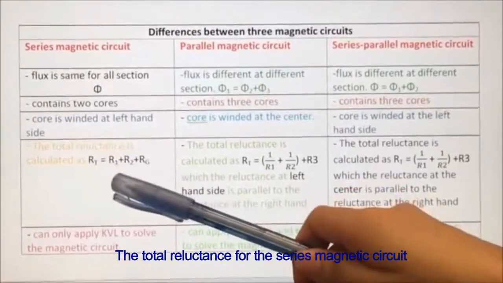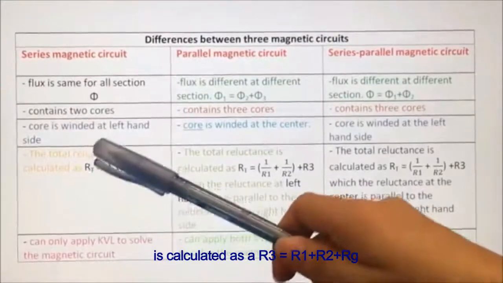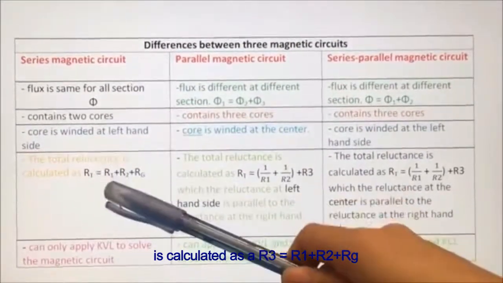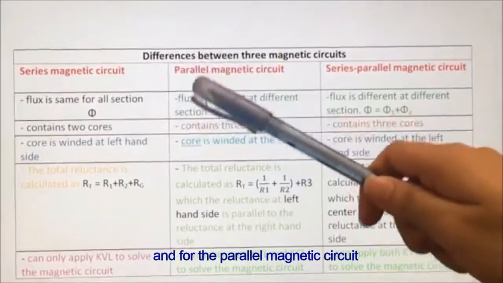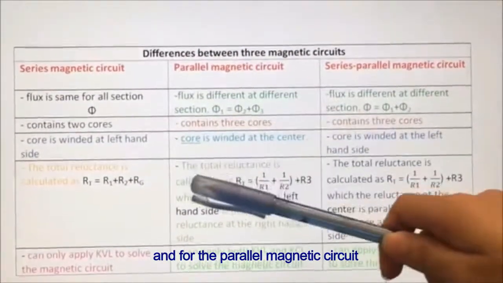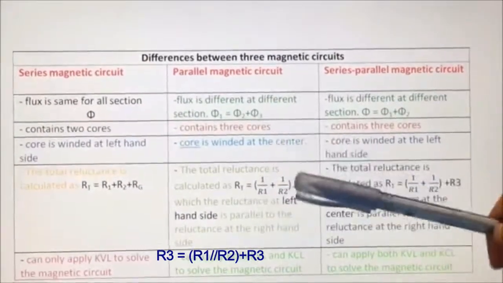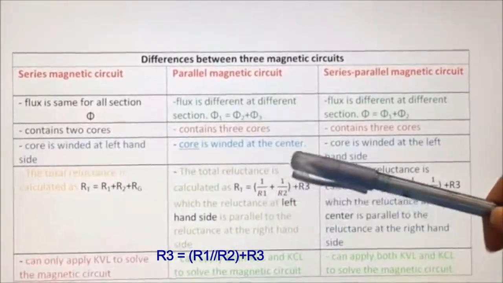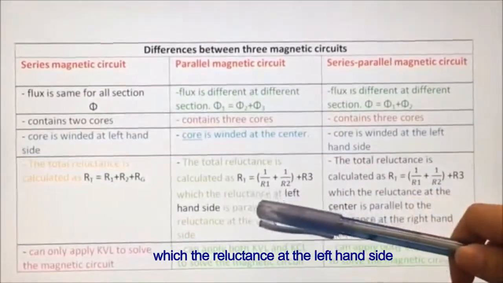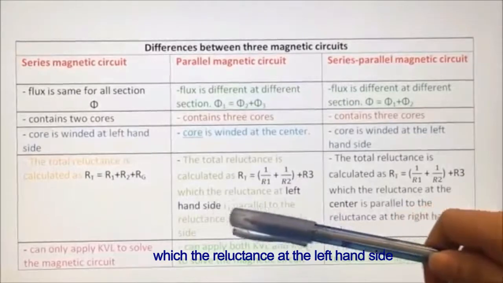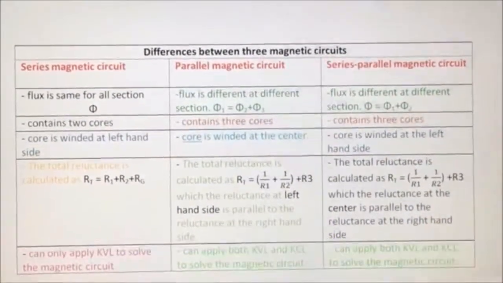The total reluctance for the series magnetic circuit is calculated as Rt equal to R1 plus R2 plus Rg. And for the parallel magnetic circuit, the total reluctance is calculated as Rt equal to 1 over R1 plus 1 over R2 plus R3, where the reluctance at the left-hand side is parallel to the reluctance at the right-hand side.